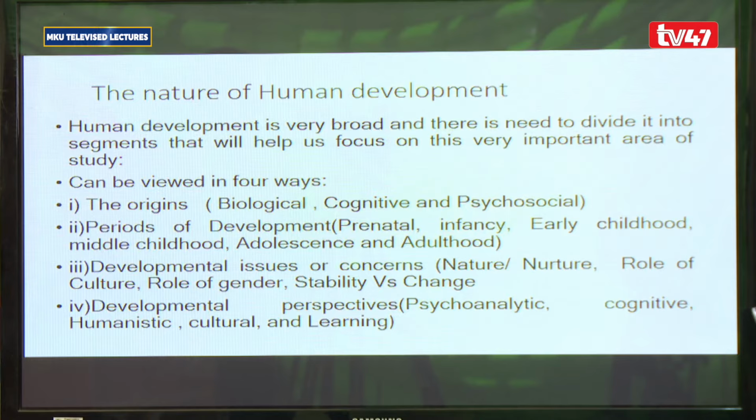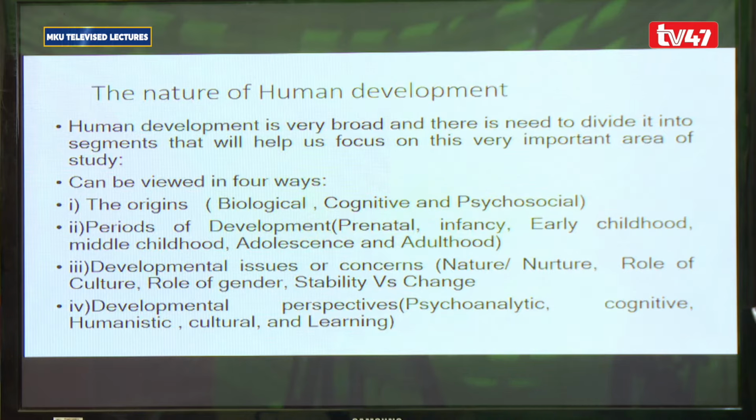For example, before birth, that's what we are calling prenatal. Infancy is the first years between birth and age 2 years. Then we have early childhood, middle childhood, adolescence, and adulthood.